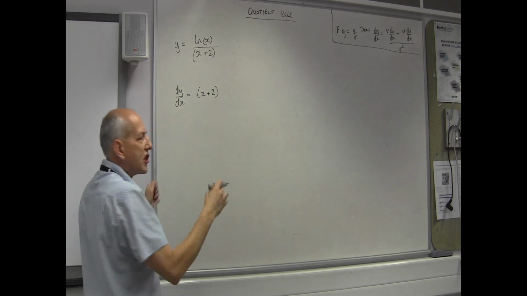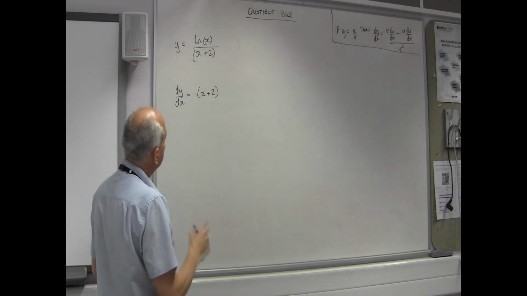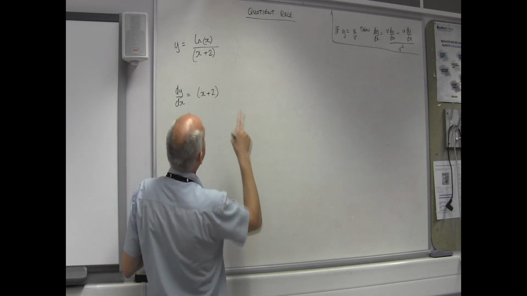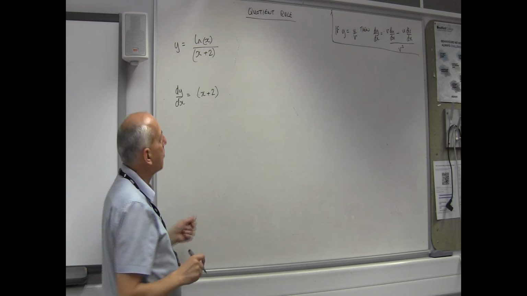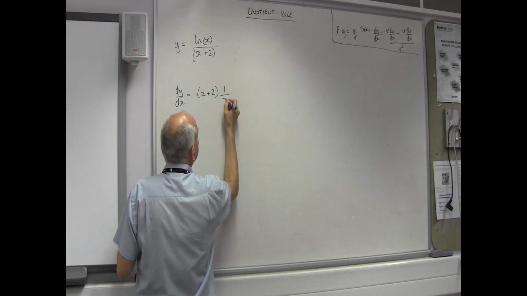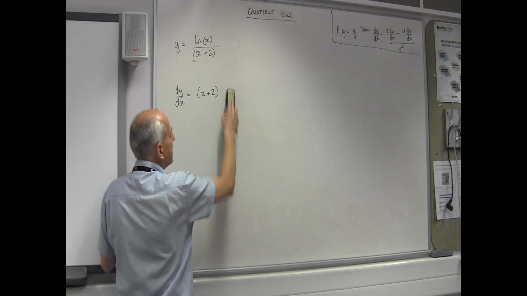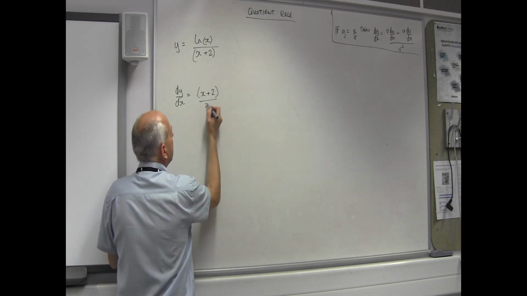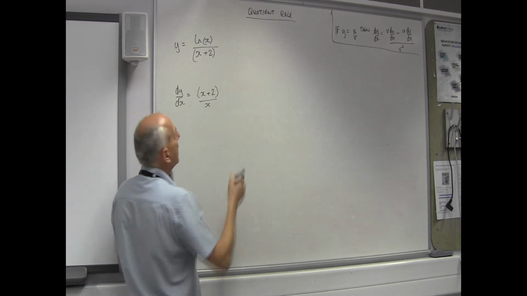Because it's got a plus in the middle and it's going to multiply the next term, you have to keep it in brackets. And then it's times the derivative of the top. So what's the derivative of log of x? 1 over x. So you can either write it like this, or just put the whole thing over x, just put the whole x underneath like that. It means exactly the same, and that's a neater way of doing it.